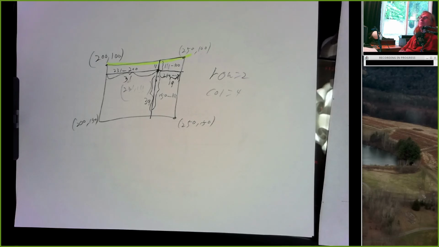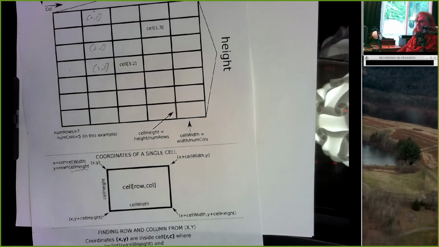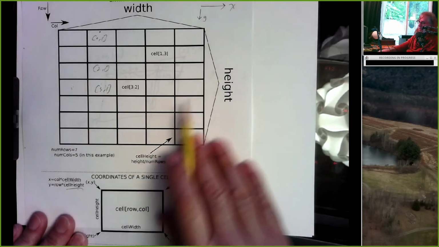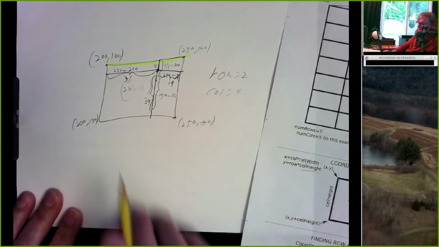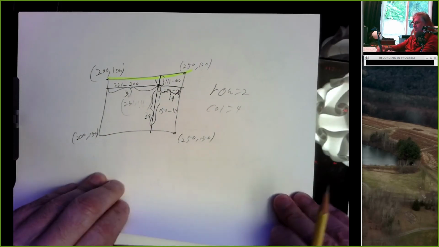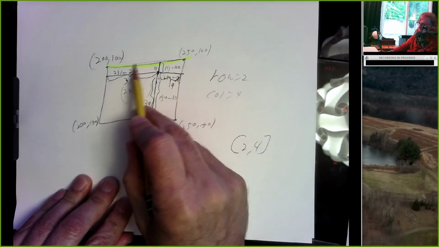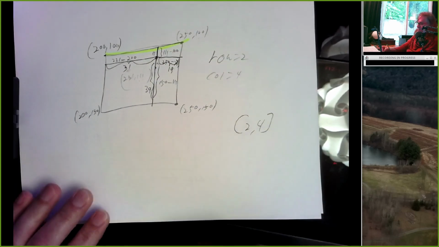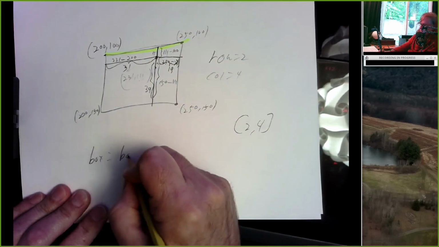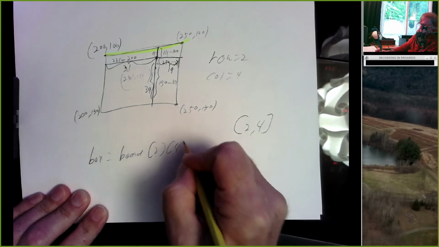Question. How would you check if there's already a line occupied in the box? Well, the main memory you're going to have is an array of boxes, if you follow my suggestions. So the box class had a Boolean for top, bottom, left, right, and the whole board was basically an 8x8 array of boxes. So if I decide I'm in cell 2, 4, and I clicked right here and it found I was closest to the top, next thing I'm going to do is say box equals board[2][4].